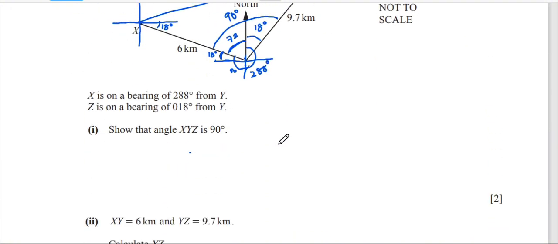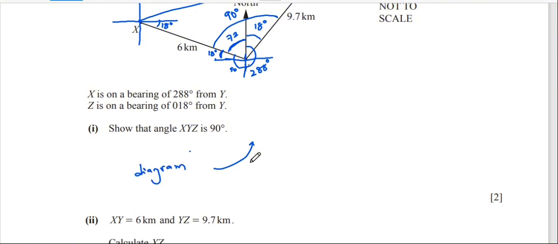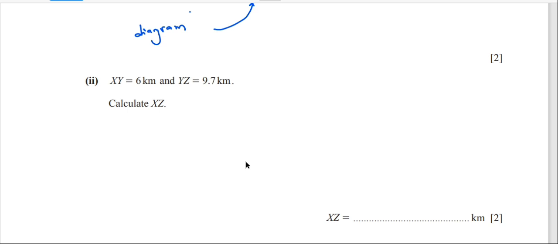We are supposed to show our work here, though we showed that in the diagram, so we can point to the diagram. Since it's a right-angled triangle, we can make use of Pythagoras theorem.